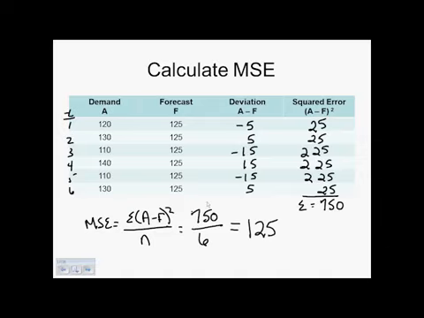If the other MSE that we had was 182, this MSE, being a lower number, would be the better mean squared error, and therefore the forecasting method would be doing a better job. So that is our mean squared error.